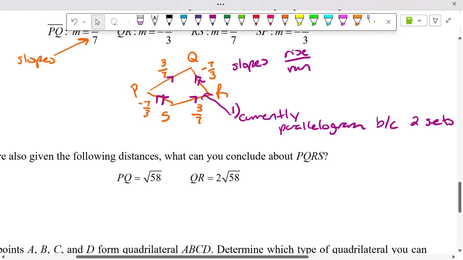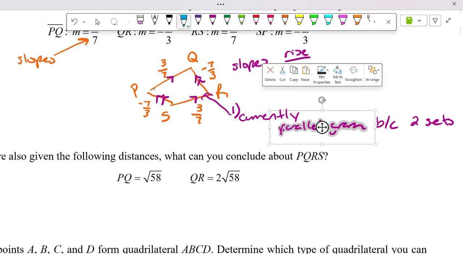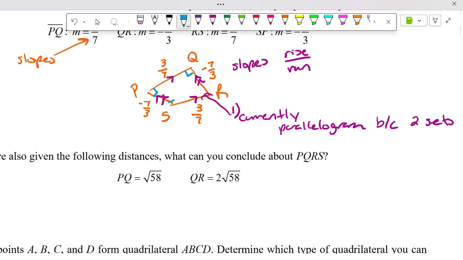Right. So remember, perpendicular slopes are opposite reciprocals of themselves, meaning if you flip them over and change the sign, they're perpendicular. So on top of that, these are 90-degree angles.